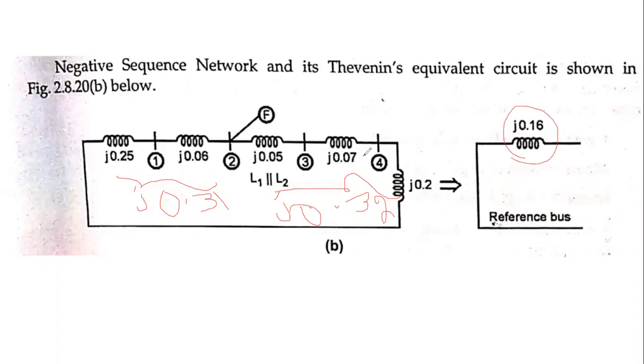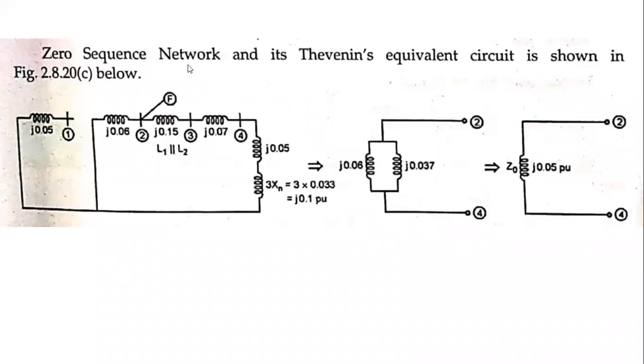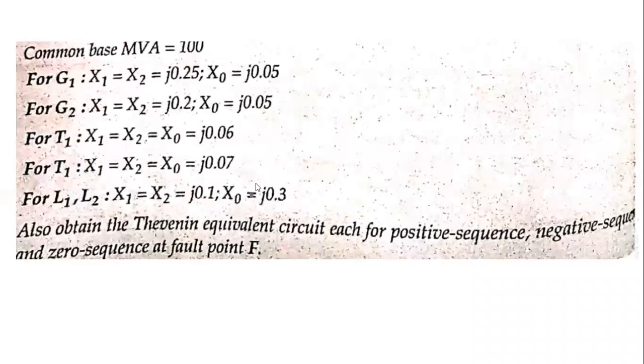Next, coming to the zero sequence. We have a small difference between the positive, negative and zero sequence. We follow various conditions for the transformer connection, which we will study already.